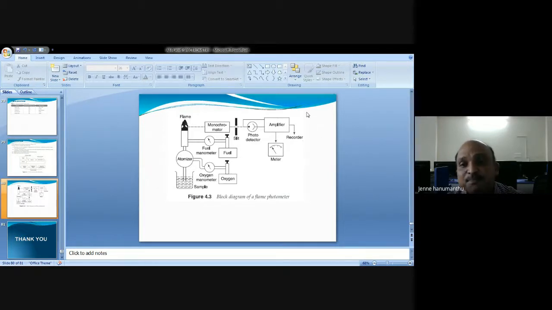So at any particular wavelength we can get concentration as well as quantity. Or, if you are not recording, you can use a meter to display the concentration and quantity at a time. So in atomic emission or flame photo spectroscopy, we are analyzing the molecules, their quantity and concentrations.